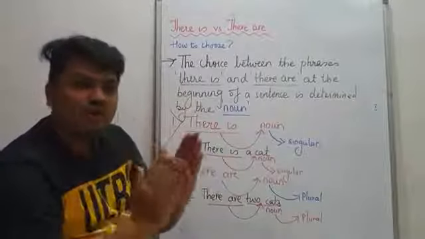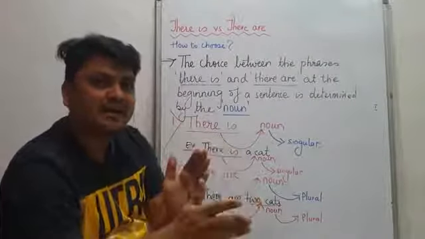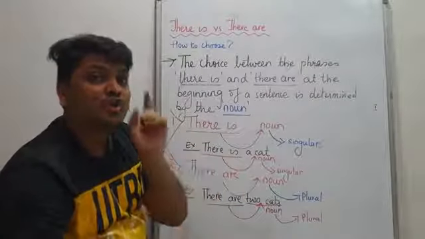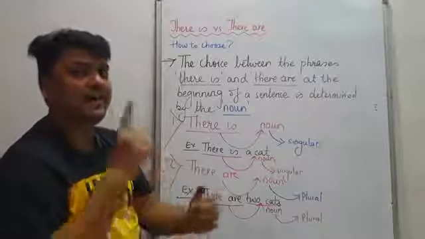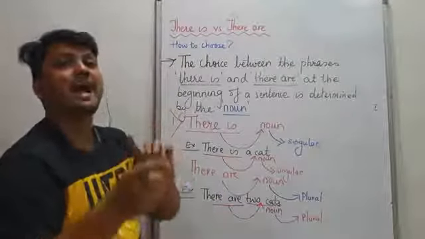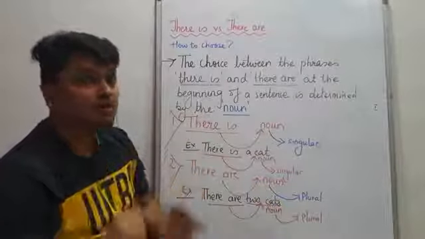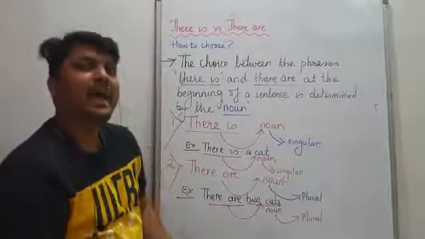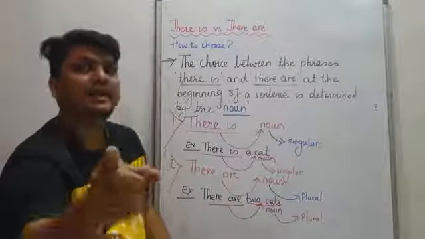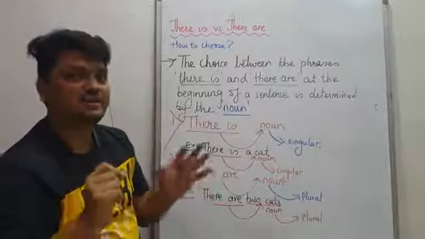So whenever the word which comes next to there is and there are is a noun, you have to be very clear that the noun you use after there is or there are should be either singular or plural. If you use there is, the noun should be singular. And if you use there are, the noun should be plural. Do not make this mistake.